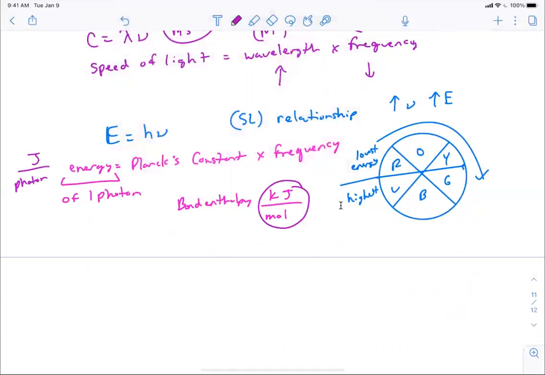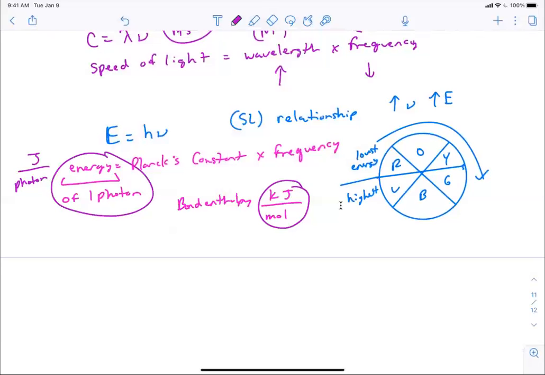So you're going to have to do some conversions here to convert bond enthalpy to an energy value that can be used in this equation. And that's the hard part. Again, I'll be giving you equations and not telling you everything you need to know on how to use them. So if they ask for the wavelength of a photon that's needed to break a Cl to Cl bond, you have to take the bond enthalpy of Cl to Cl, convert it by dividing by Avogadro's number and multiplying by 1,000 to get the energy of one photon.